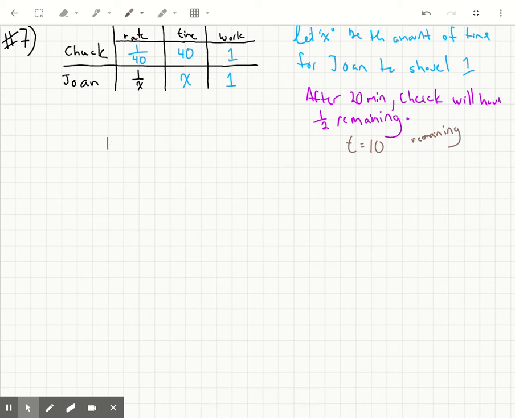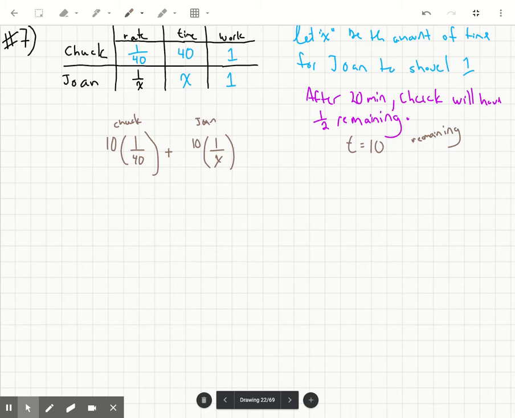So if we have 10 times 1 over 40, this is the work for Chuck, right? Plus, we got to consider Joan's work, which is 10 minutes for 1 over x, right? Because we don't know what her rate of work is equal to, and that's just a half. That's all we have left is half.